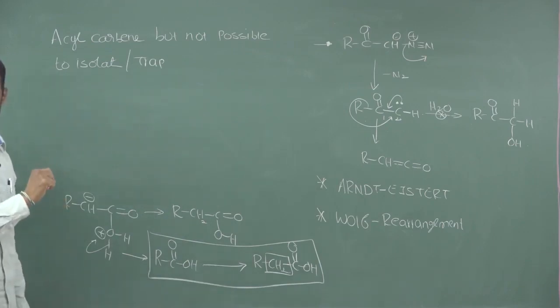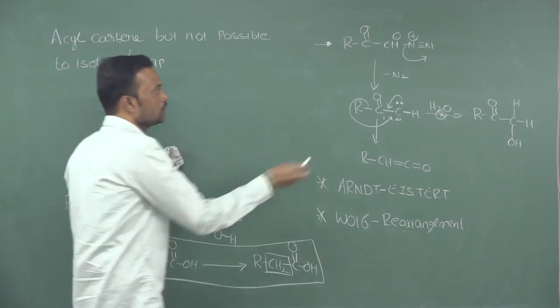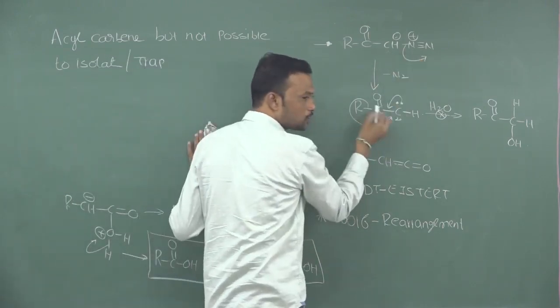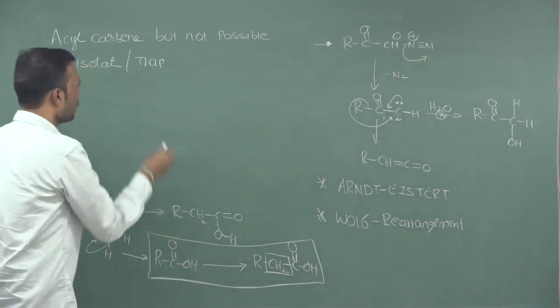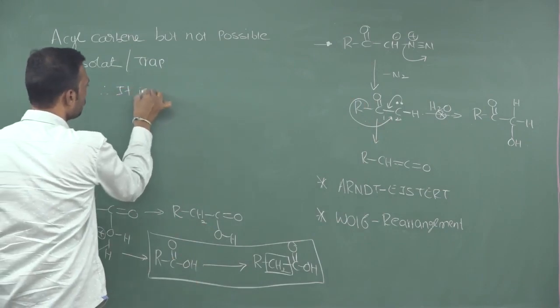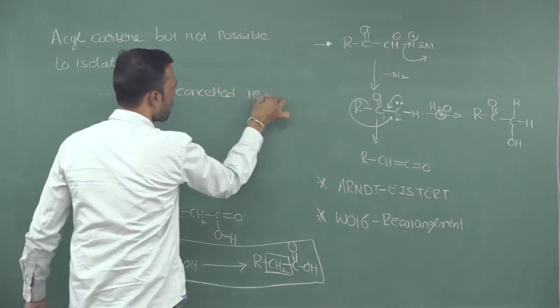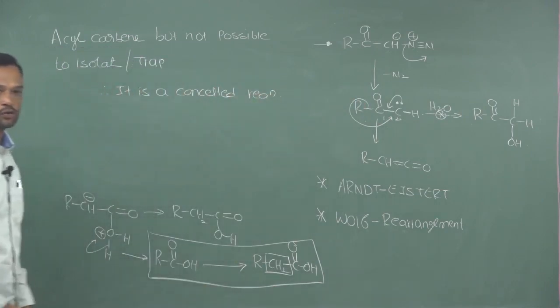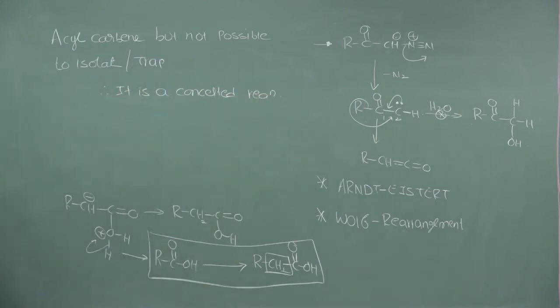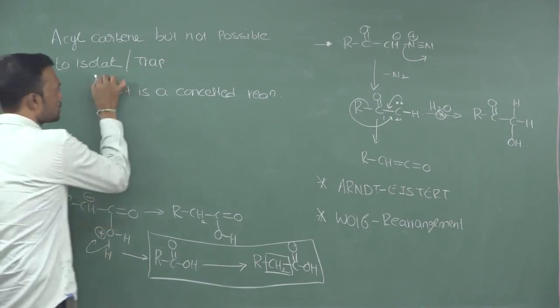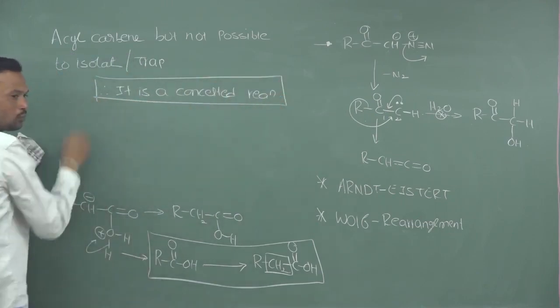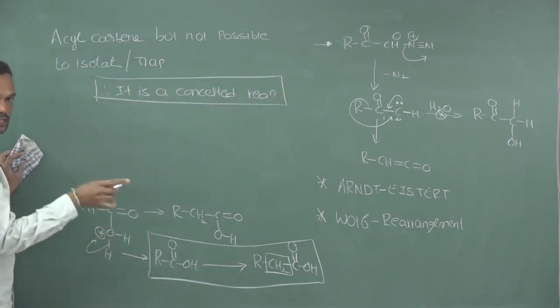So therefore it is a concerted reaction. Concerted means loss of N2 and migration of R take place simultaneously. Loss of N2, migration of R takes place in a single step. Therefore it is concerted. Which is concerted, Arndt-Eistert or Wolf? Wolf rearrangement is a concerted reaction.